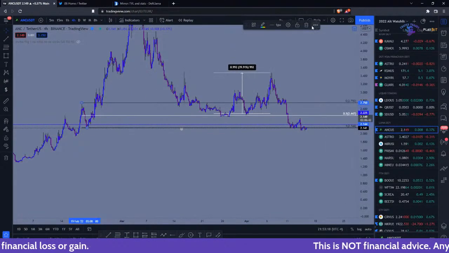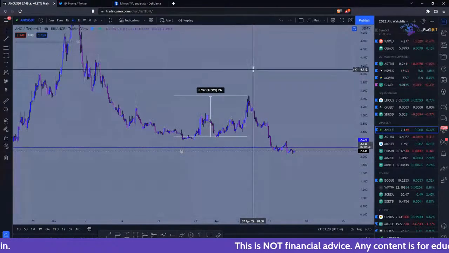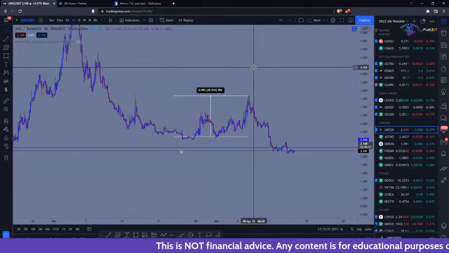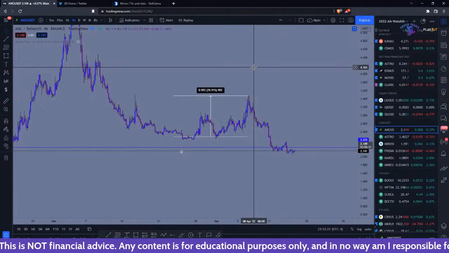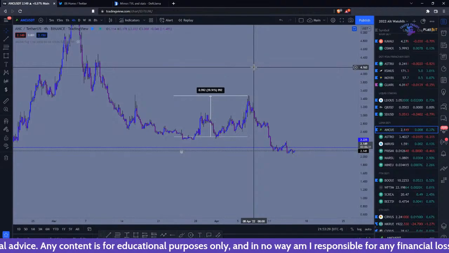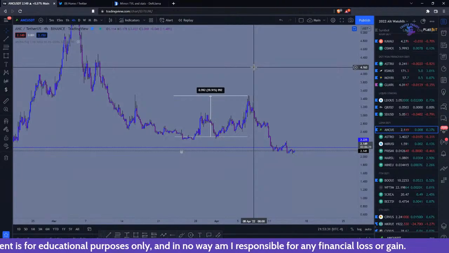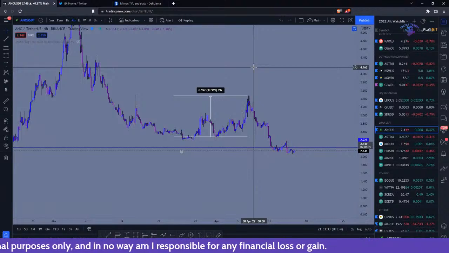Another thing too, when the market pumps, a lot of times you'll see Anchor and Luna dump, because remember, Luna is all about stable coins. And whenever there's a heavy influx to stable coins, recently it's been just because whales are switching from Tether and USDC and DAI to UST.